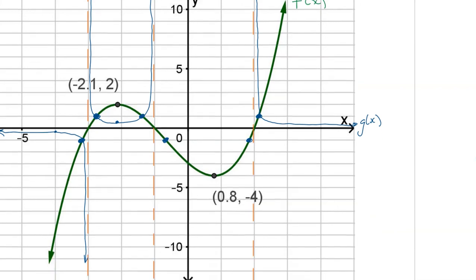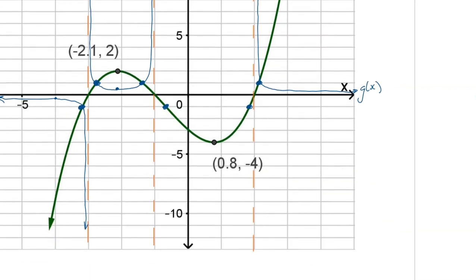And this one, again, I've got my negative 1s, and I've got negative 4, so it's going to be negative 1/4. Something like that.